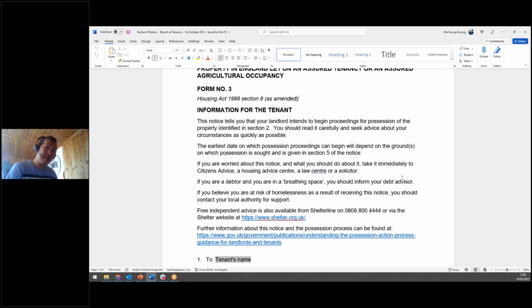So there's information there for the tenant, which needs to be left on that form. If you remove that, then potentially the form itself won't be to the same effect, so it could be deemed to be ineffective. So on the first page, the first half is to do with information for the tenant.